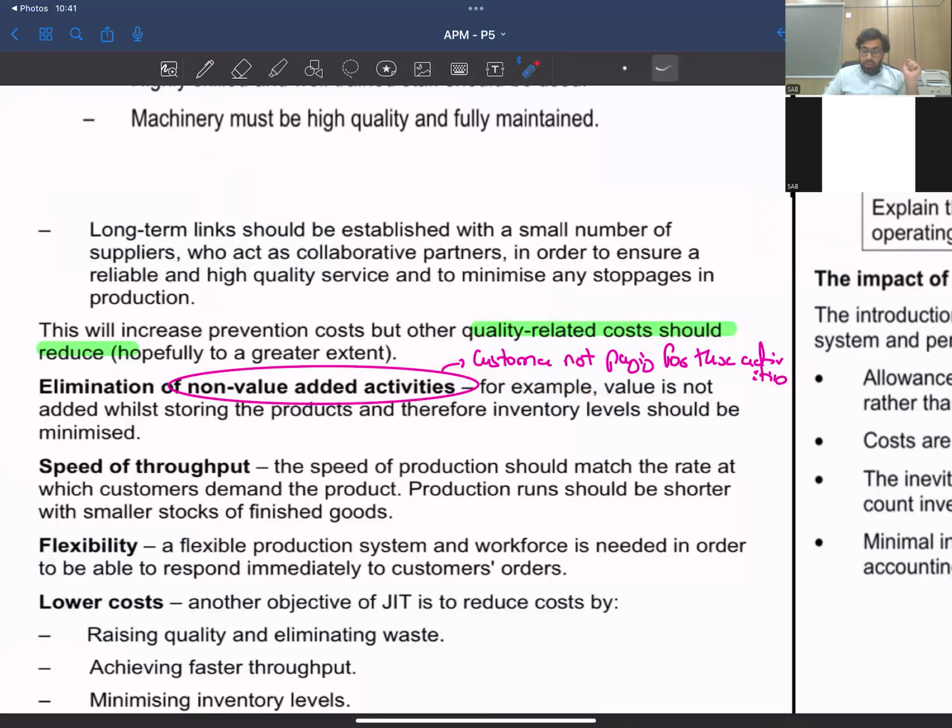For example, value is not added while storing the products, and therefore inventory levels should be minimized. See what JIT believes: if you're storing the product, it's not a value-adding thing in the eyes of the customer. They don't care whether you store or whether you buy. They just want the product.